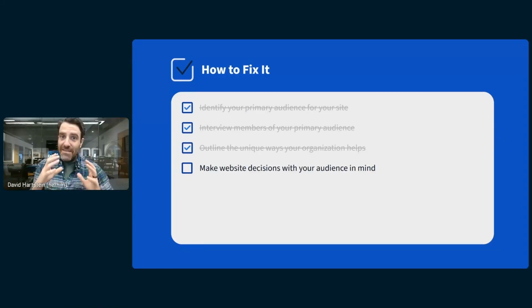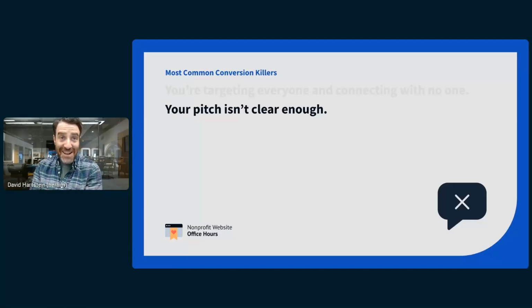Make decisions with your primary audience's needs and priorities in mind, even if it means sacrificing the needs of some of those secondary audiences. Again, just really thinking about resonating more completely with your ideal visitors will lead to a much higher lift in conversions than trying to maximize the audience that you're potentially able to reach. So that's conversion rate killer number one.